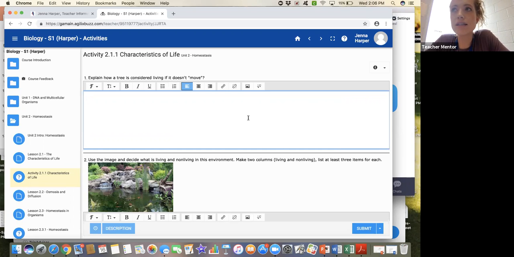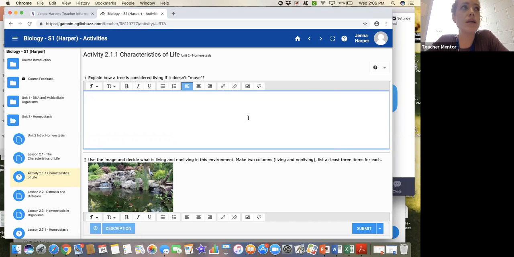It also takes in water, and it's going to be doing all of those things that are considered to be alive. It is made up of cells, which also makes it alive.